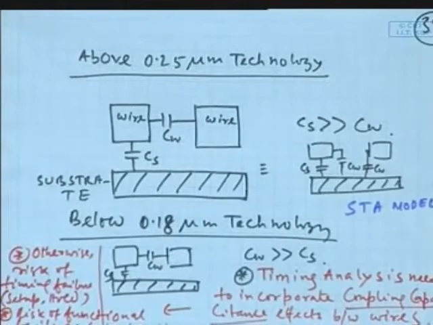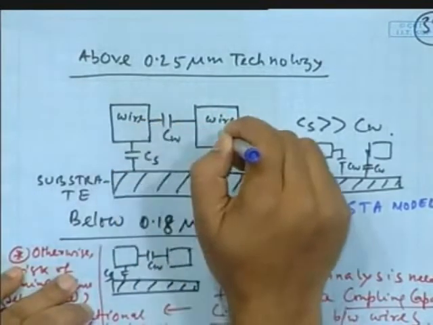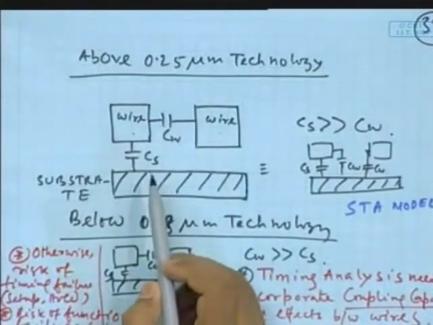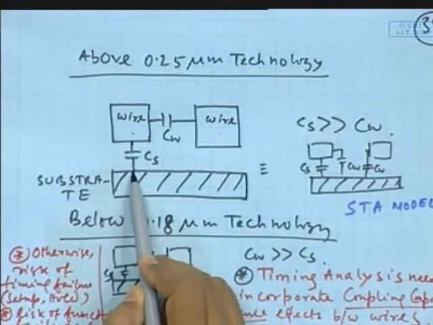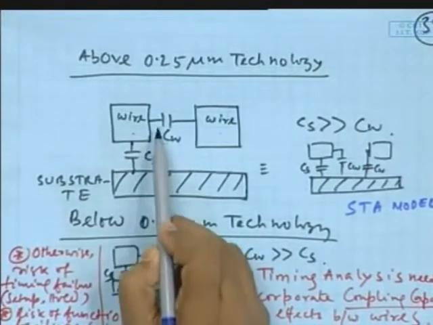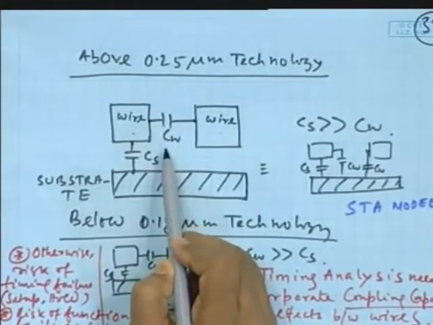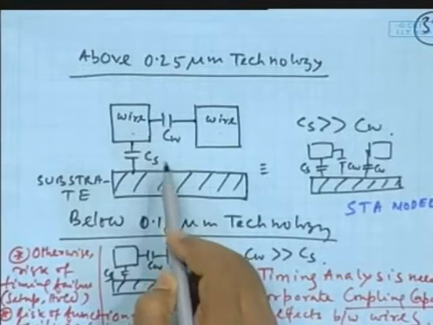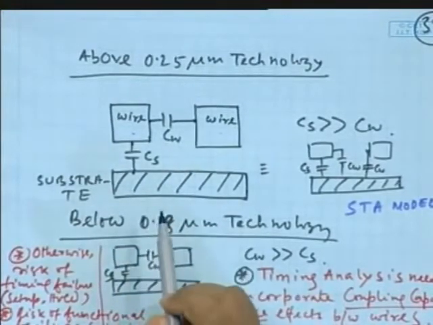Signals are propagating through these wires, so definitely there will be a capacitance. There will be some capacitance from this wire to the substrate, which I am calling CS, and from this wire to this wire there is a capacitance which I am calling CW.